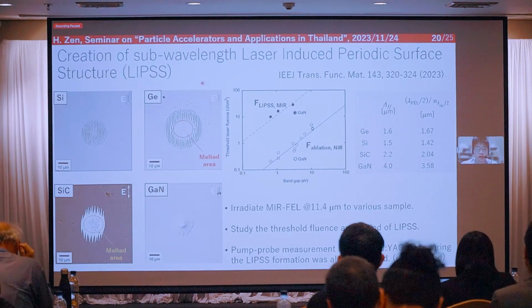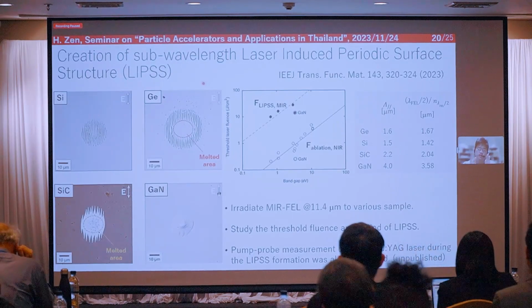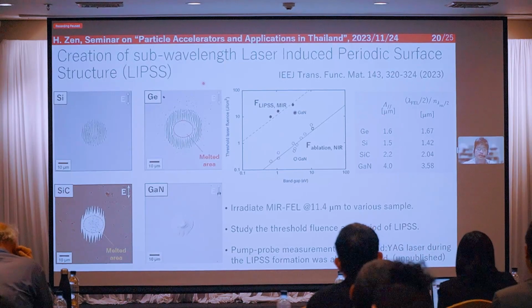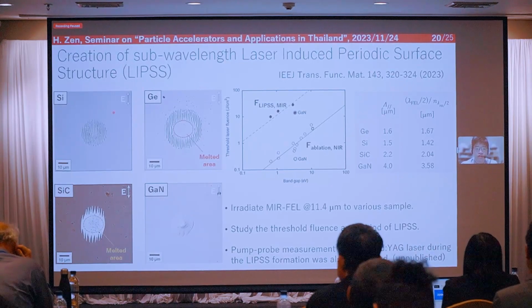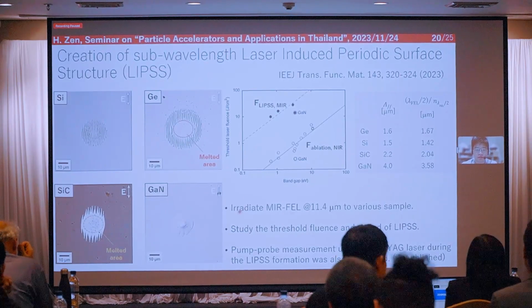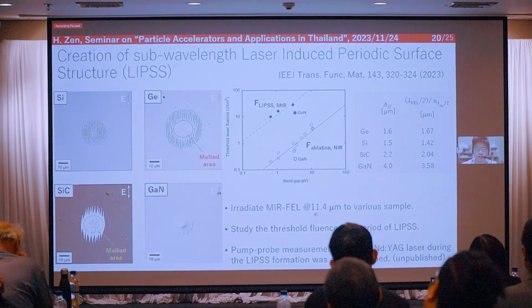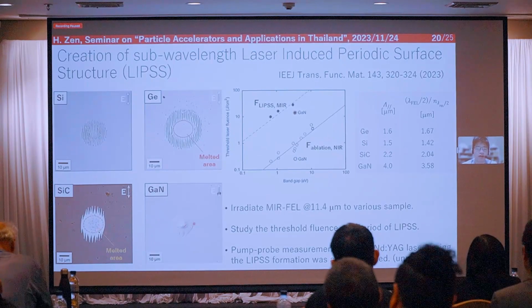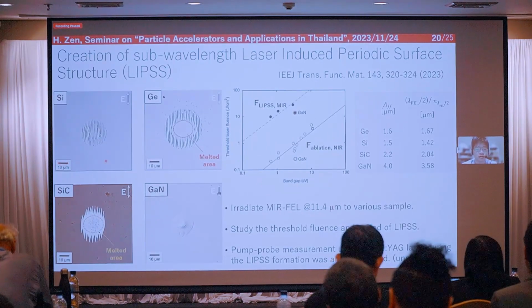And in KFL, we can also create the subwavelength structure in silicon, germanium, silicon carbide, and gallium nitride. The irradiation wavelength in this experiment is 11.4 micrometer, and you can see the 10 micrometer scale bar here, and these stripes are much shorter than 10 micrometer.